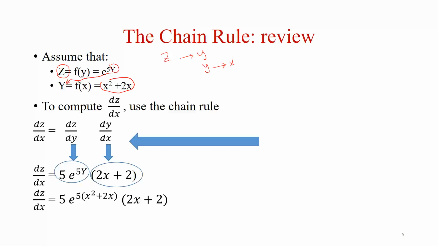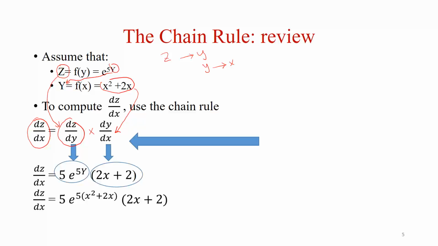The interesting thing that happens is that if we try to compute the derivative of z with respect to x, it turns out that using the chain rule, you compute the derivative of z with respect to y using this equation, and then multiply it by the derivative of y with respect to x using this equation. And this is really the chain rule.